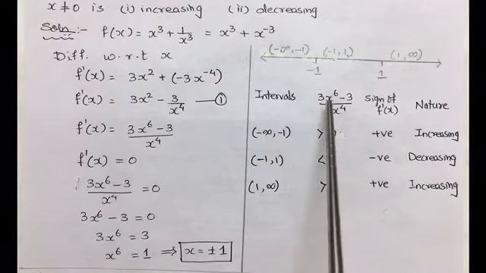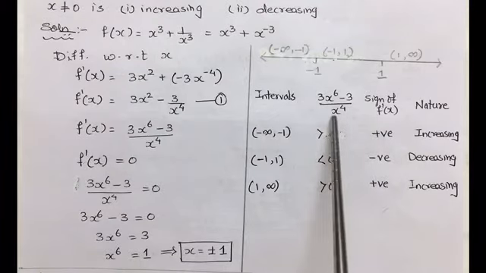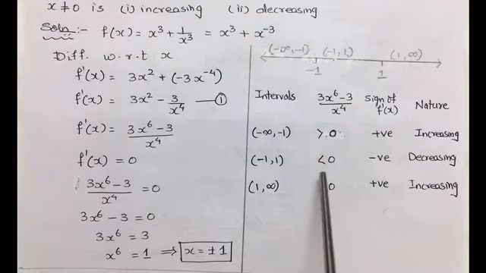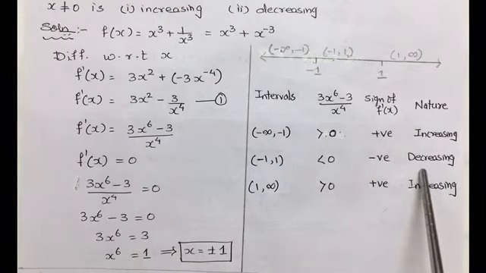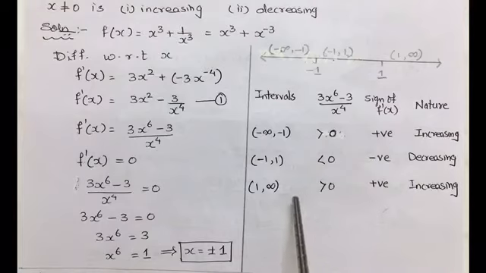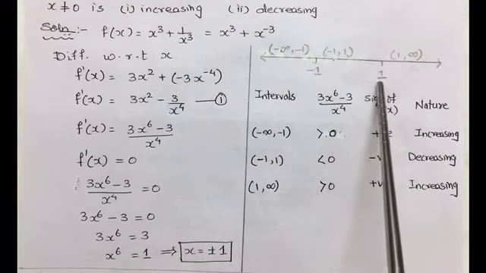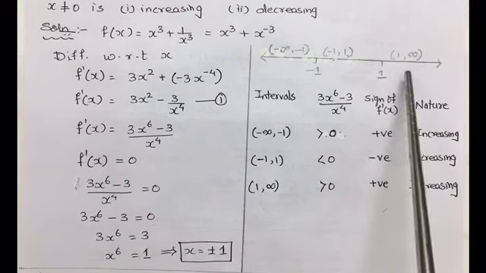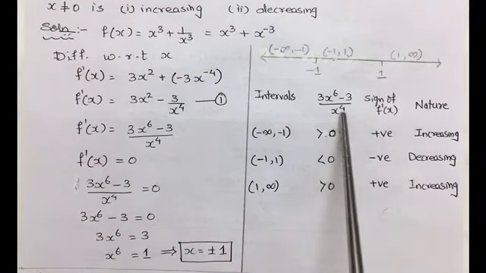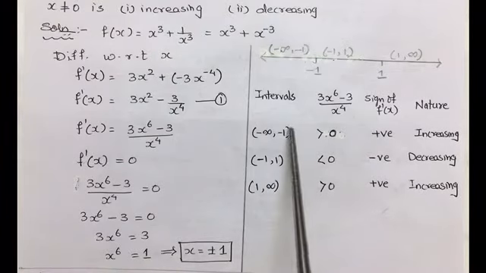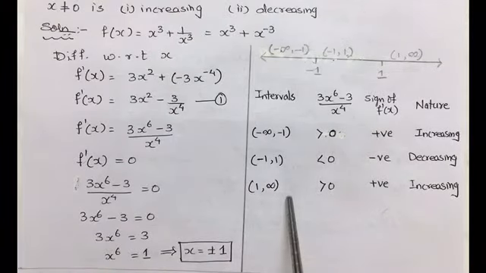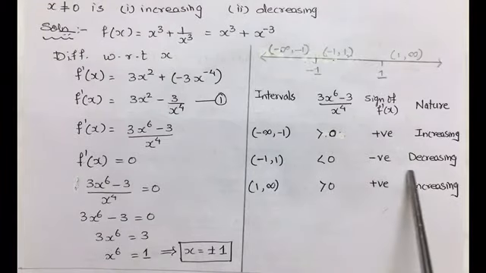So taking the value of x as 0.5, keeping it in the first derivative, we will get the answer to be negative, that is less than 0. So the sign is negative, hence it is decreasing. Taking up the value from the interval 1 to infinity, that is 2, keeping it in the first derivative, the answer will be positive, so it is increasing. So in 2 of the intervals it is increasing, and in 1 interval it is decreasing.